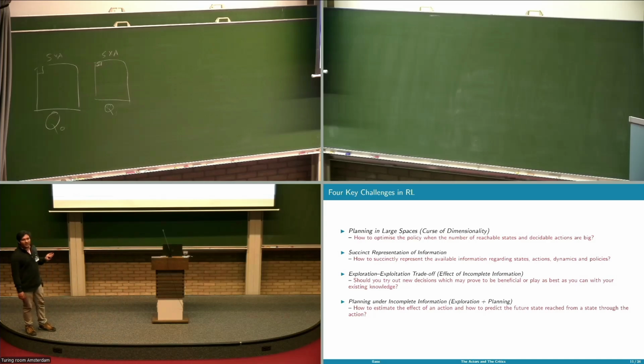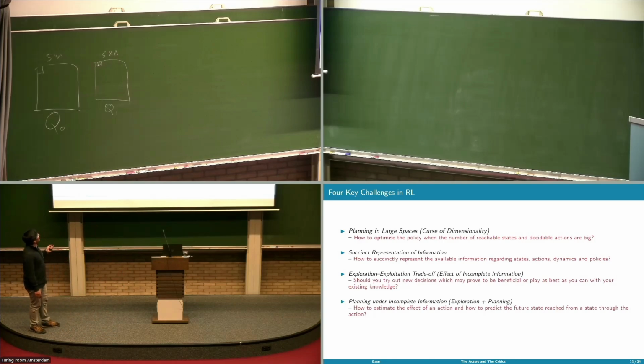Then the exploration-exploitation trade-off. We saw a glimpse of that in Bert's talk on bandits, how much you should explore two arms to find out which arm is optimal. You will see more of that in Son's talk on Q-learning, and later in the optimism talk, we'll completely talk about that.